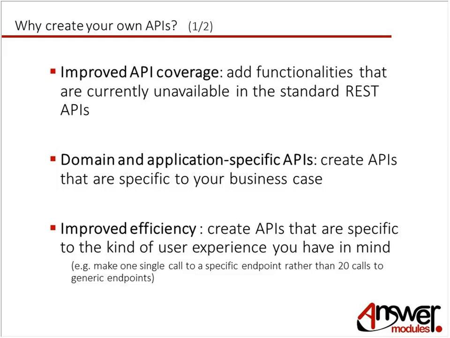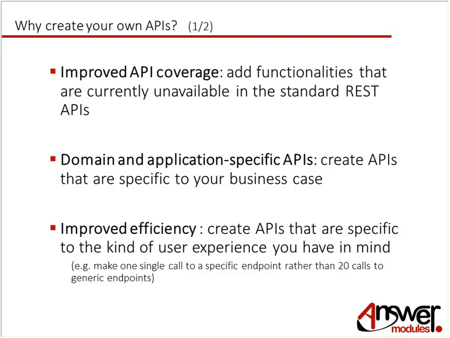another level of issues that you would want to consider. One could be, for example, the efficiency. So if you're creating a client and the available APIs are of too low level, you could find yourself in situations in which you have to make a large number of calls to the endpoints, and this could result in lost efficiency.